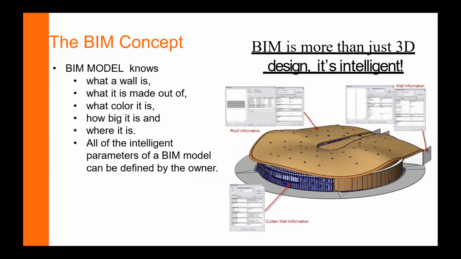So a BIM model is not just a three-dimensional model, or just a 3D tool. The model itself knows what a wall is, what a building element is, what it is made out of, what color it is, how big it is, and where its location is. These are all intelligent parameters. That's why we also call it an intelligent model.